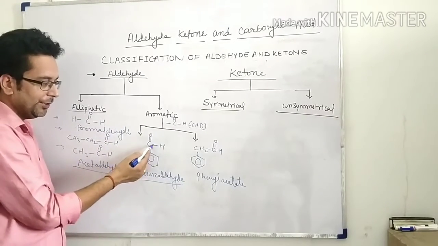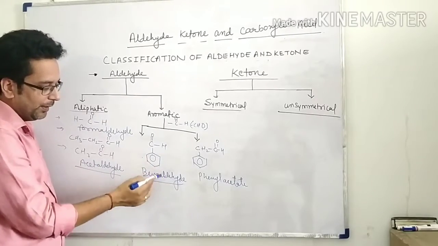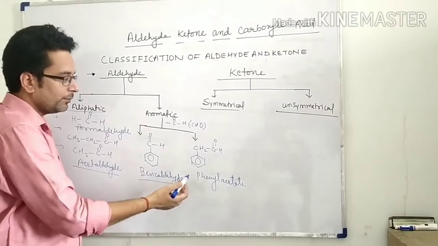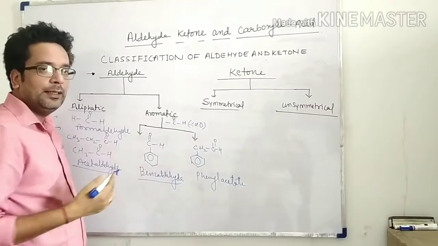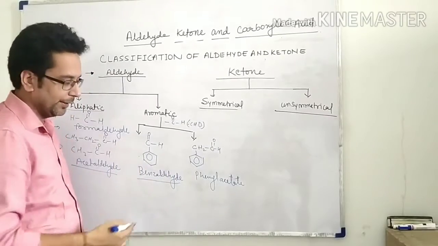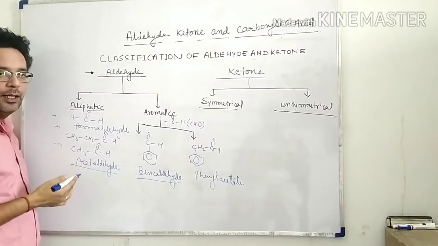First, in which the CHO group is directly attached with the benzene ring. This is the example, benzaldehyde. Another category is when the CHO group, that is the aldehydic group, is not directly attached with the benzene ring. Now phenyl acetaldehyde. So these are about the classification of aldehydes.